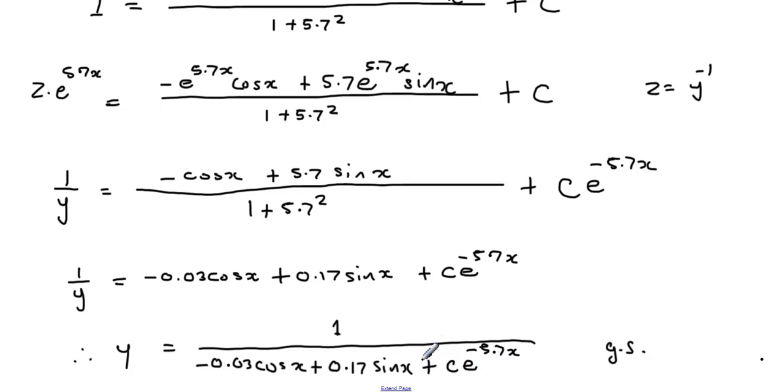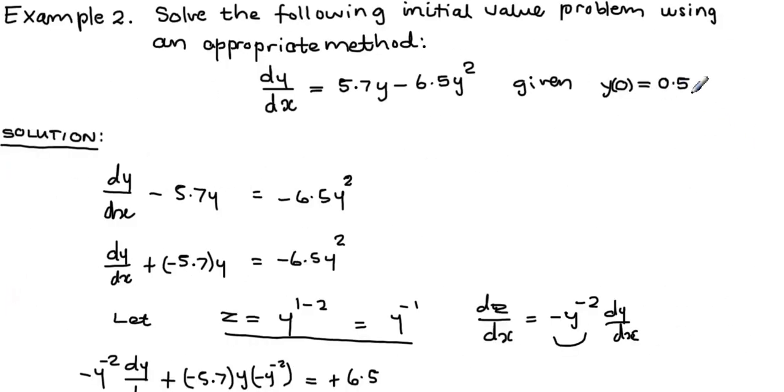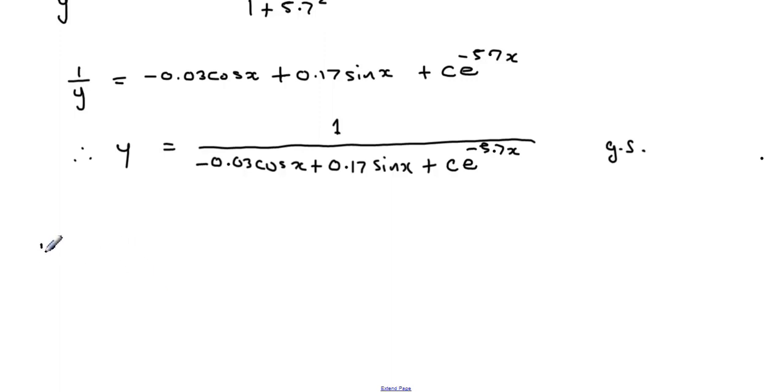Now we are supposed to evaluate this at 0 because we're given the initial condition that y at 0 is equal to 0.5. So we simply say y at 0 equals 0.5. This implies that if we evaluate this expression, we must get 0.5.